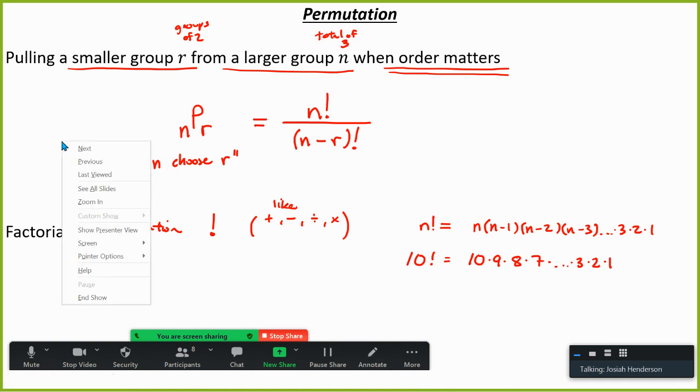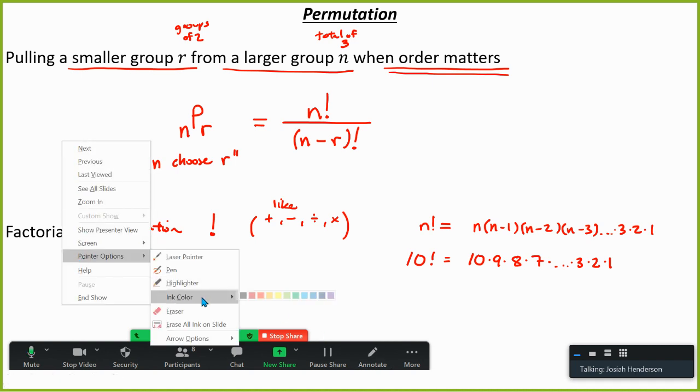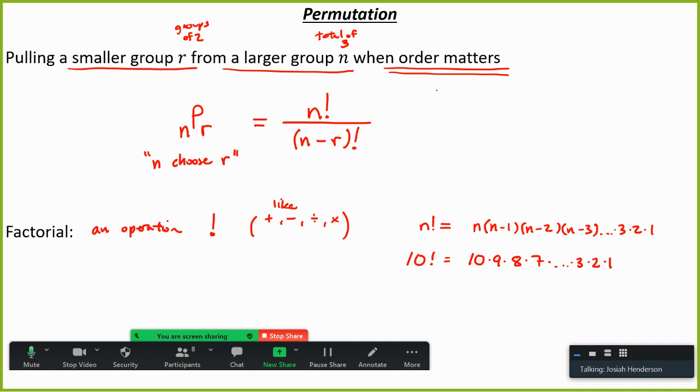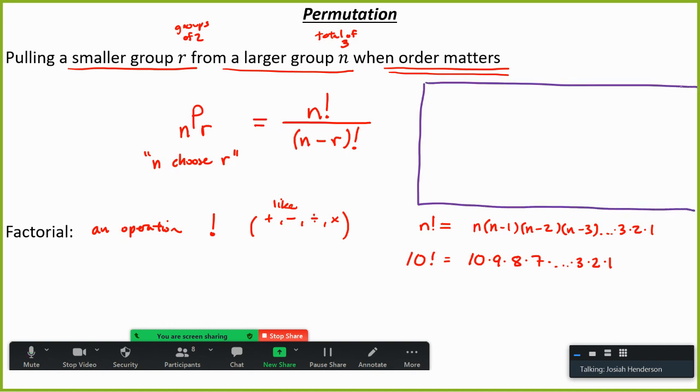Now I'm going to change my color, and I want to connect this to that last example where we had 3 people running in a race and we picked 2. For that last example, we listed them out. But for larger problems, not just a group of 3 things where we're picking 2, we're going to want to rely on the permutation and the factorial to figure out larger problems.